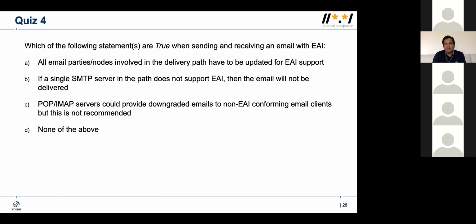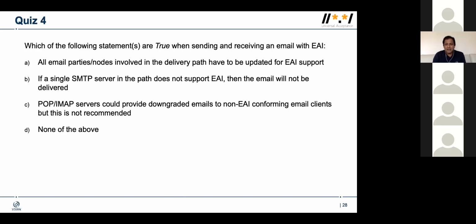But then the problem is the client will not be able to see those characters properly, right? So instead of seeing the proper glyphs, you might see some squares. And also if that receiver has to respond back, then you'll have issues replying back to the email ID and so on.